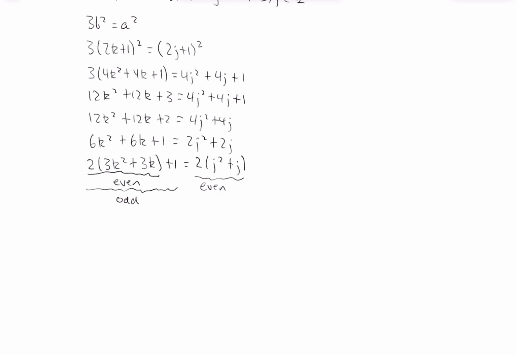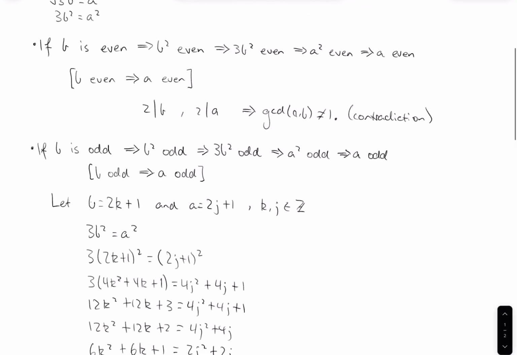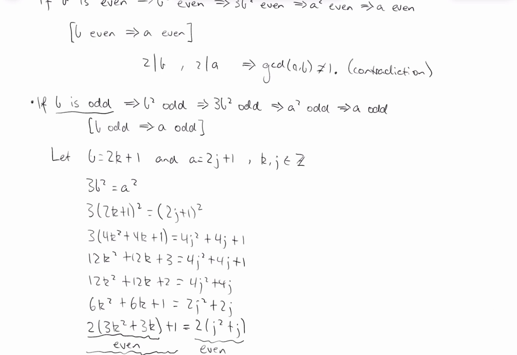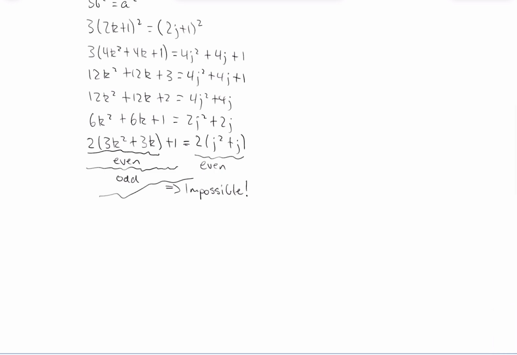Now, this is strange. Here we have an equality, and we have an odd value on the left-hand side and an even value on the right-hand side. There's no way that they could be equal. So I can say: impossible. So we've shown that in the case where b is odd, we run into this roadblock, some sort of strange equality.